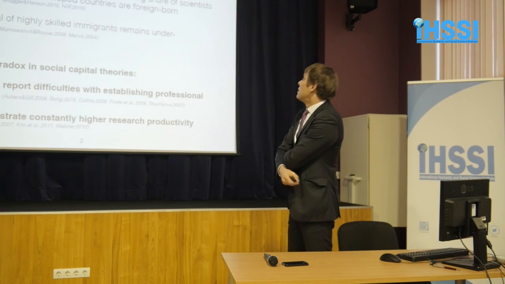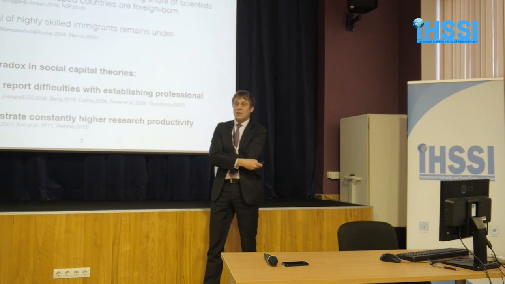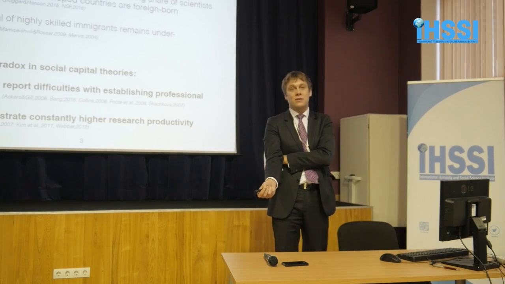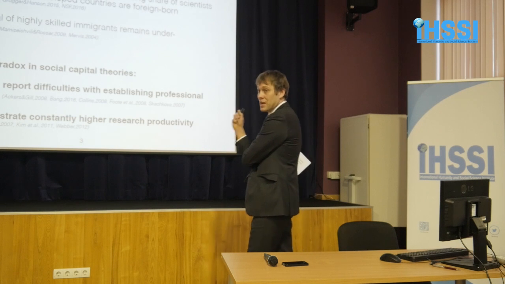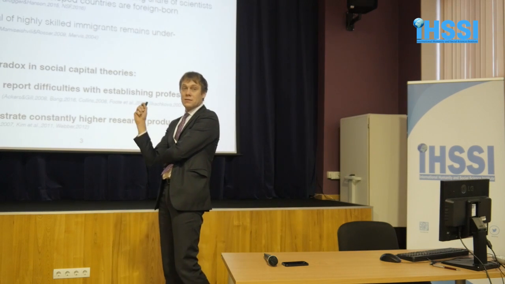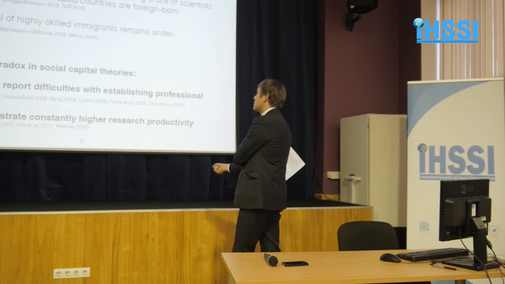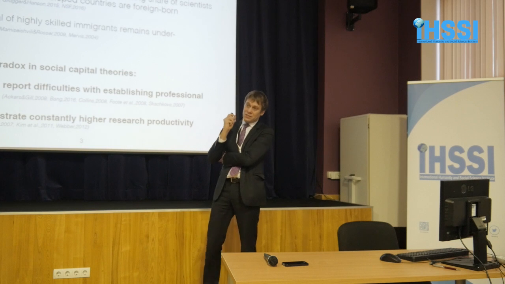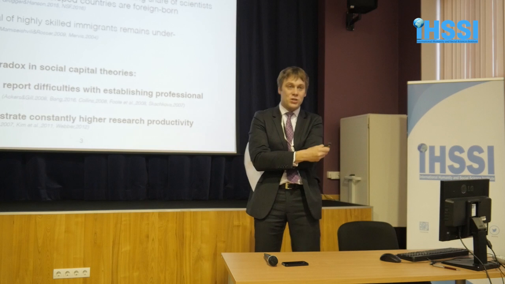So why am I looking at foreign-born scientists? At first, as I said, it's under-researched. If we talk about immigrants, then usually we talk about lower skilled immigrants, but there are about 80 million highly skilled immigrants around the world, and they are under-researched. The second thing is that science is in general a very global profession.